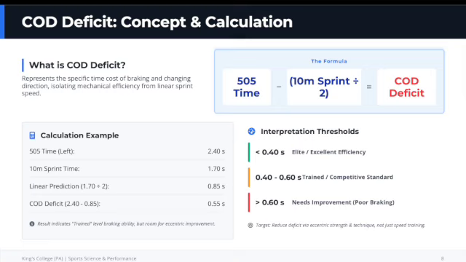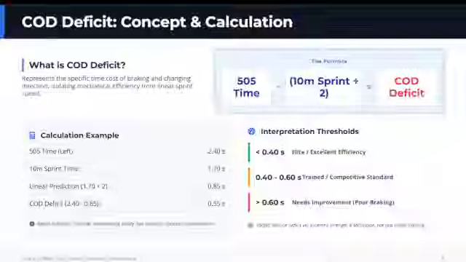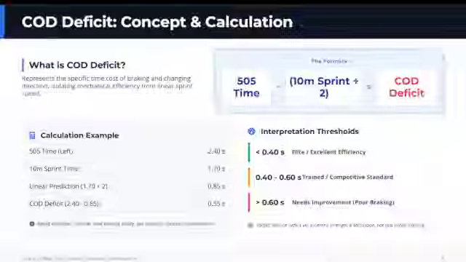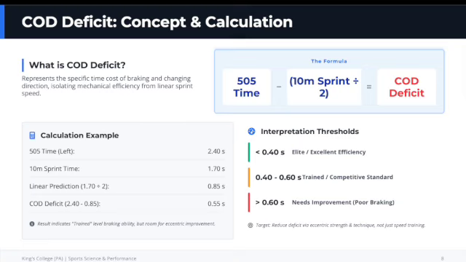The linear prediction would be 1.70 divided by 2, that's 0.85.